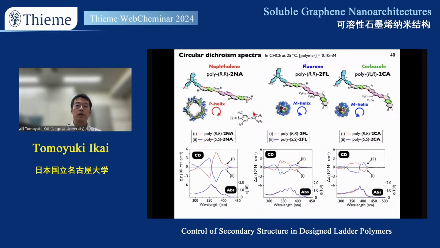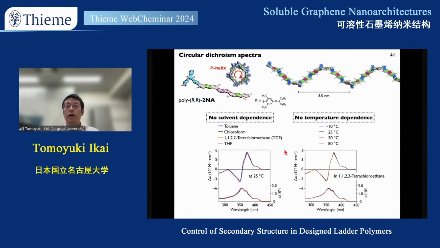Such a difference in the secondary structure is also reflected in the circular dichroism. The reversal of the CD intensity between the naphthalene type and the other polymers is likely due to the opposite macromolecular helicity. We also confirmed that this helical ladder showed almost no solvent or temperature dependence in the CD signal.